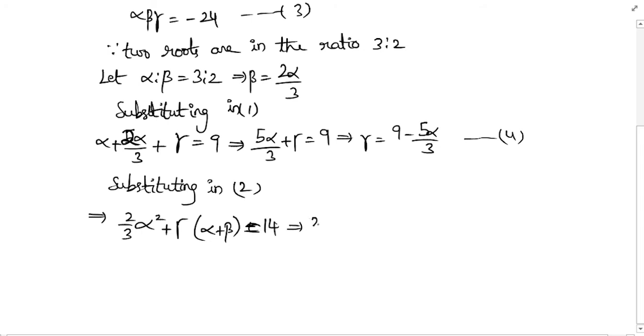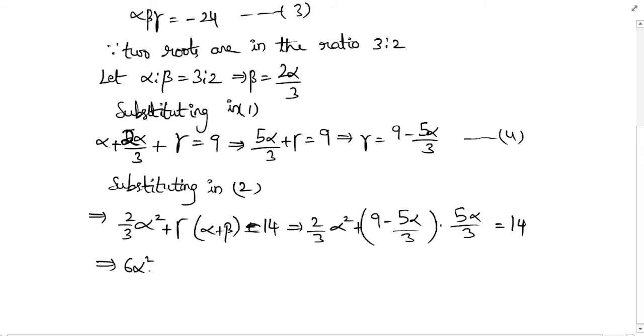Which implies that 2 by 3 alpha square plus 9 minus 5 alpha by 3, into 5 alpha by 3 is equal to 14. Which implies that 6 alpha square plus 135 alpha minus 25 alpha square is equal to 126.